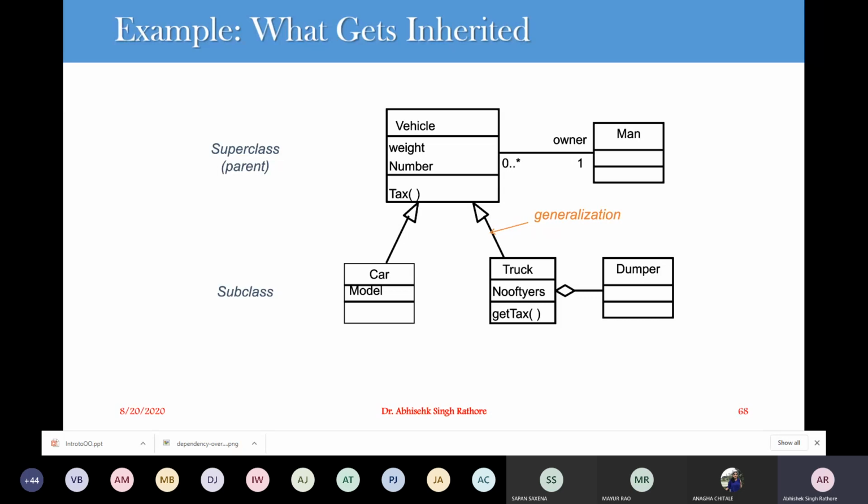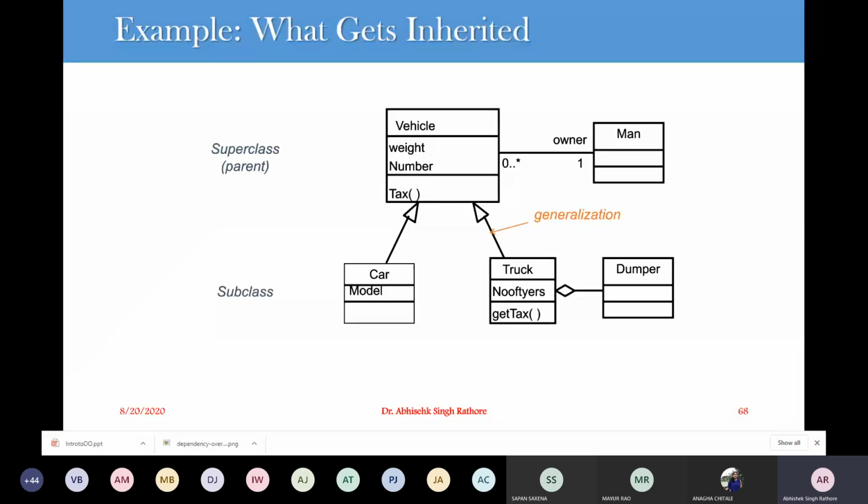Now when we are going for the subclasses, this subclass inherits the properties weight and number. In addition to that, it can add a model over here, as well as the tax property available here.